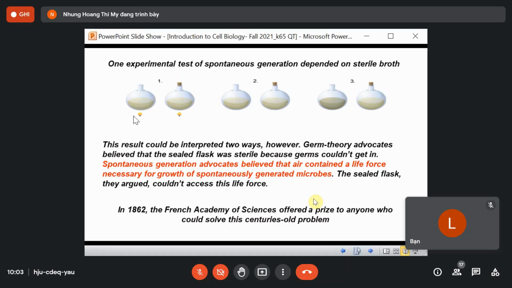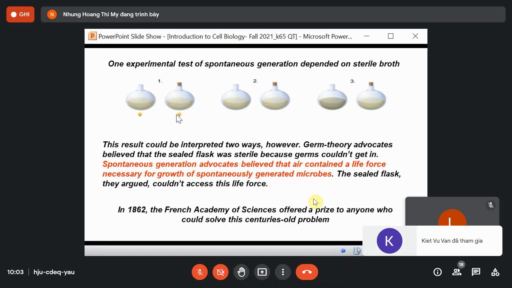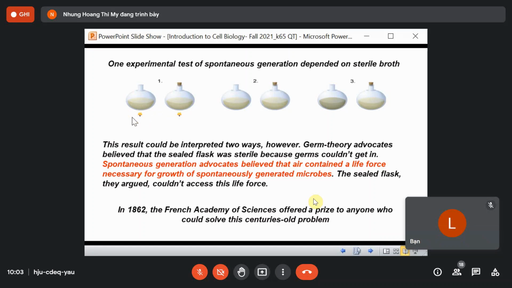And these bottles are boiled. They are heated to the boiling temperature to kill all the microbes present in the solution. After that, they leave the two bottles at normal temperature, with one open and the other sealed.